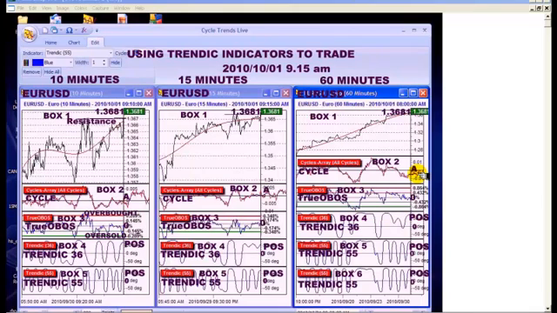If it is going downwards, as long as the cycles in the 15 and 10-minute periods are moving upwards, that would be proof enough that the immediate trend is upwards. As I explained before, the importance of the true OBOS indicator relates to whether the currency is at an overbought or oversold level.